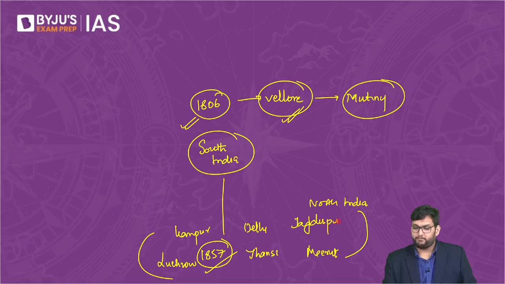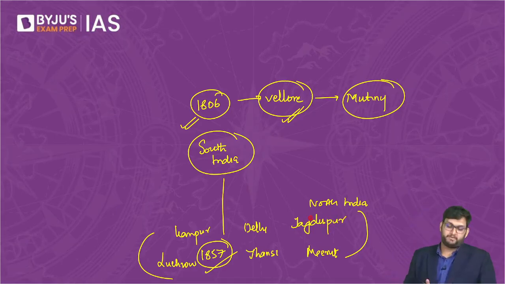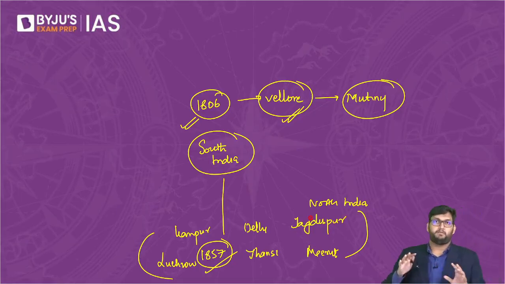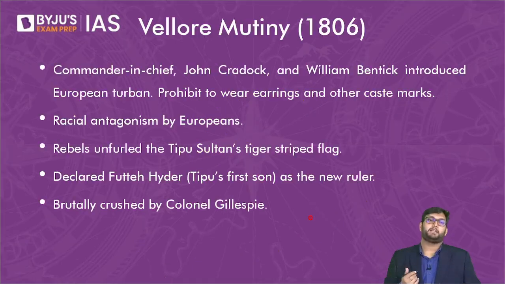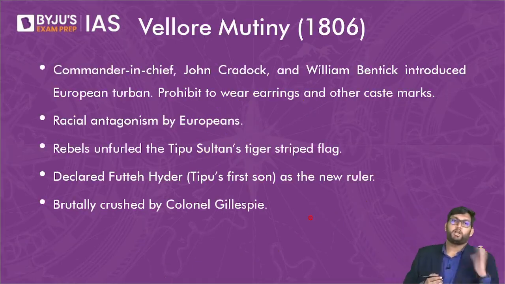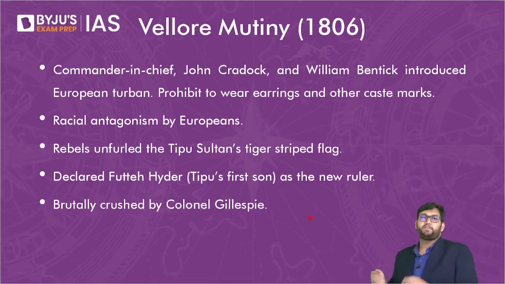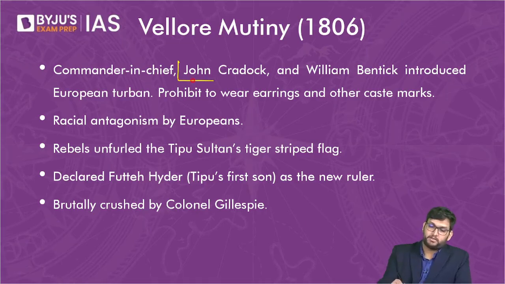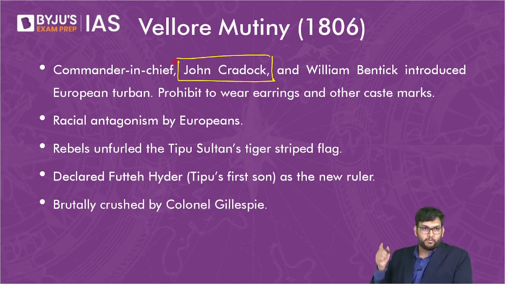So the simple point is that when we talk about the southern sector, they had already done what the North is going to do 50 years later. The people involved are John Cradock and William Bentinck, who was actually stationed in Vellore.